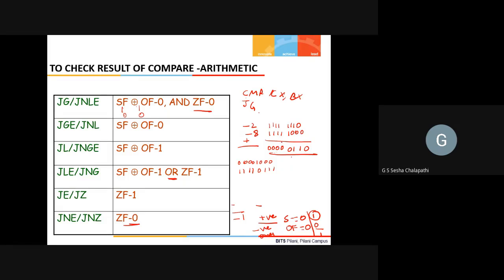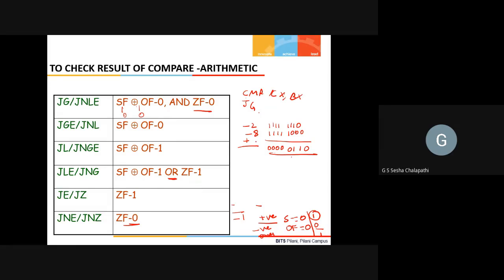Was there a carry out when we did it in two's complement form? Yes or no? Sir, isn't there a carry? The second step, no carry. That's the point. When the microprocessor does it, it doesn't take -8 into two's complement and then add it. It doesn't do that.